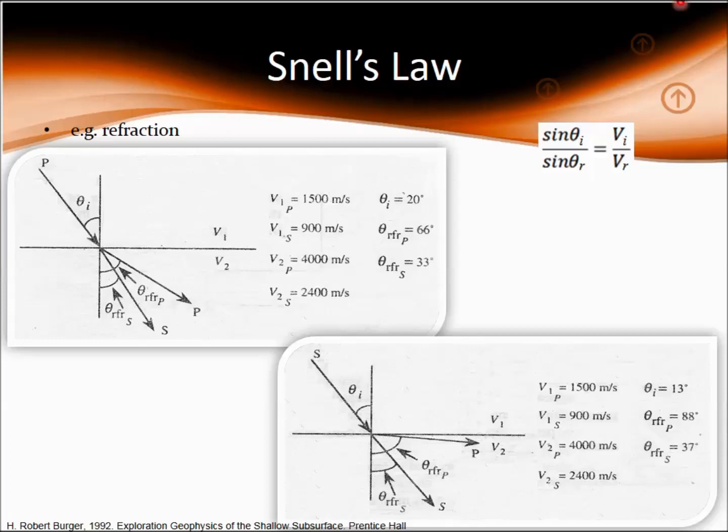As mentioned earlier, regardless of the type of wave, when the wave ray hits the interface, it will generate two types of refraction, which are the S wave and the P wave refraction paths.